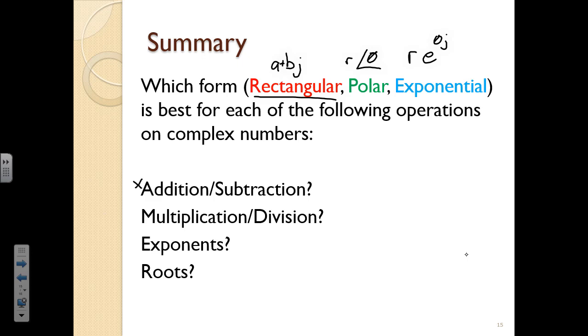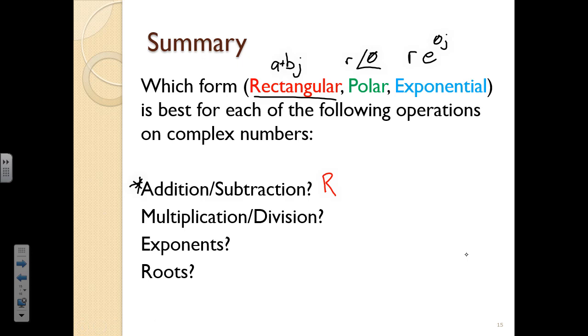Which form would you like to be in if you're going to add and subtract? Well, numbers are easiest to add and subtract if they are in rectangular form.